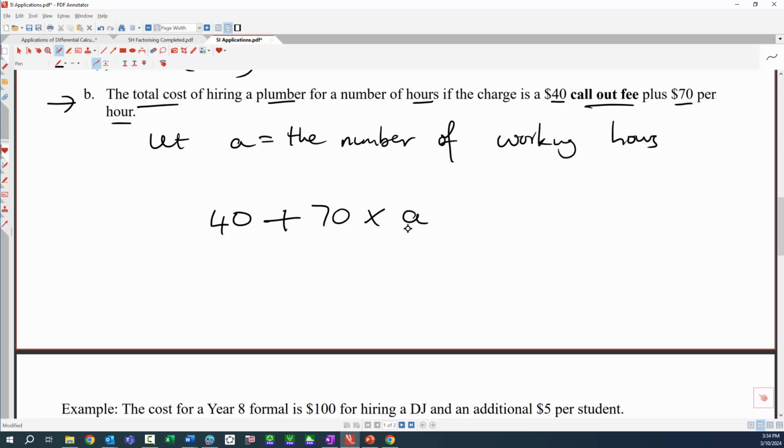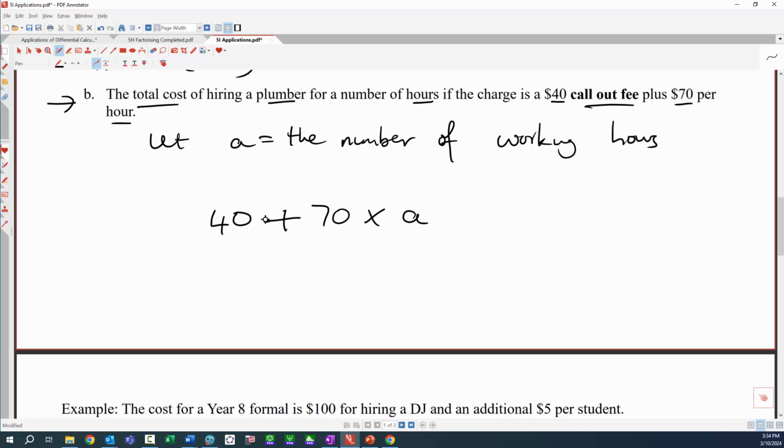So for example, if they get there and they've just realized that you haven't turned the tap on, which is why it's not working, so it takes them 0 seconds or 1 second to fix your tap, then that's just going to be 70 times 0, the amount of hours they've worked for, plus $40.